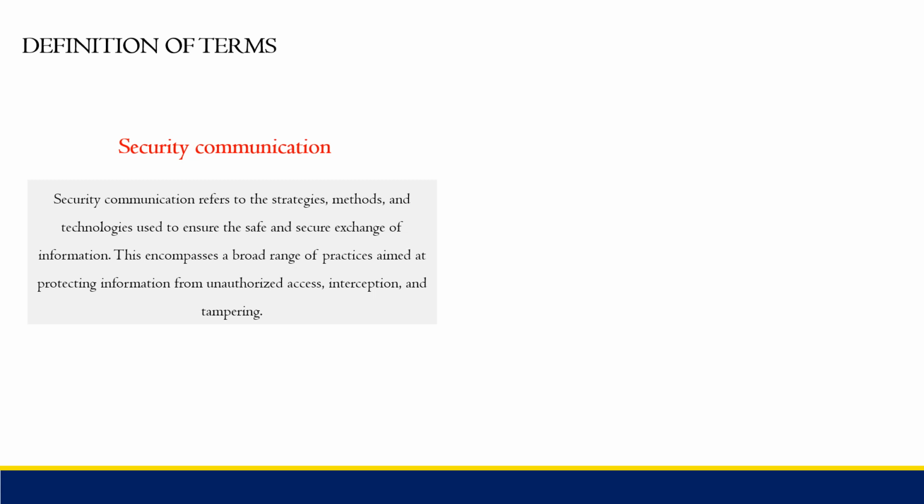Security communication refers to the strategies, methods, and technologies used to ensure the safety and secure exchange of information. This encompasses a broad range of practices aimed at protecting information from unauthorized access, interception, and tampering.